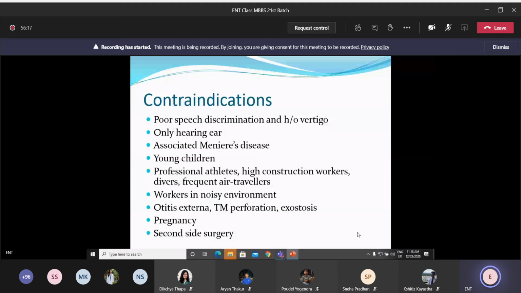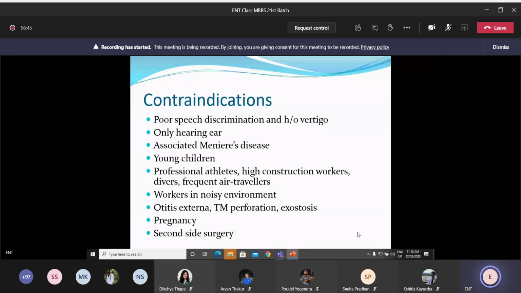Workers in a noisy environment, otitis externa, any infection, tympanic membrane perforation, exostosis, pregnancy, because they are in an active phase, and sometimes second site surgery. You have to make sure, because there are various complications, and you might even sometimes give the patient a dead ear too. So you have to be careful.